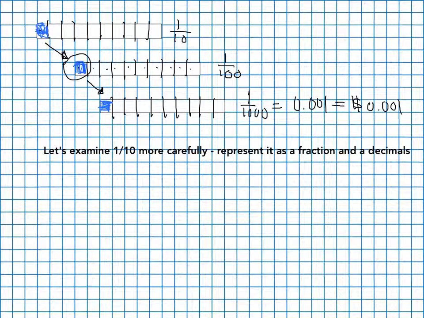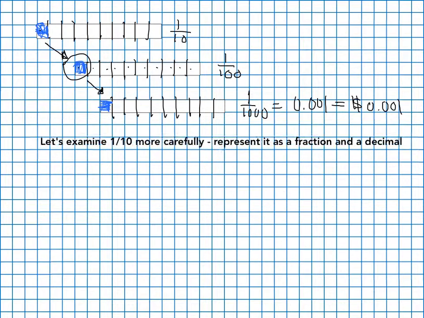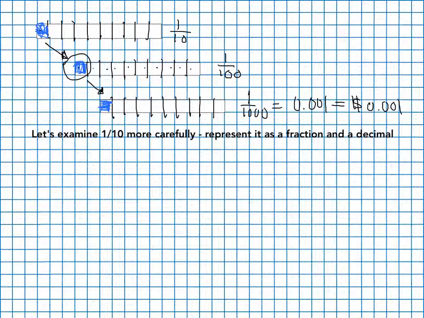You don't have to type all this. I'm just doing this so you realize what we're doing. We're going to start looking at the relationship here, because this is a fundamental one that we should know, and we should be able to go from fraction to decimal to fraction to decimal, and it shouldn't be a problem whatsoever.